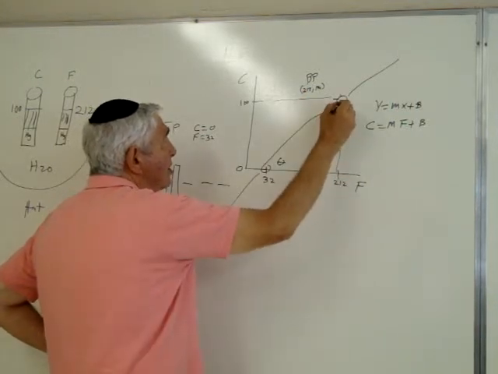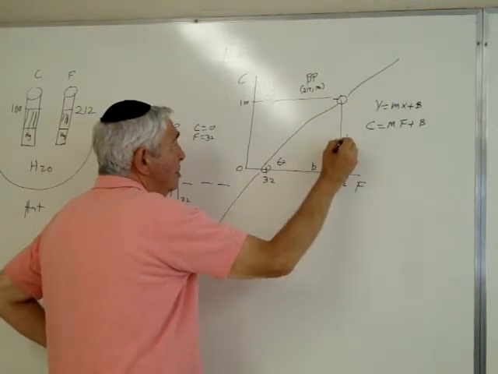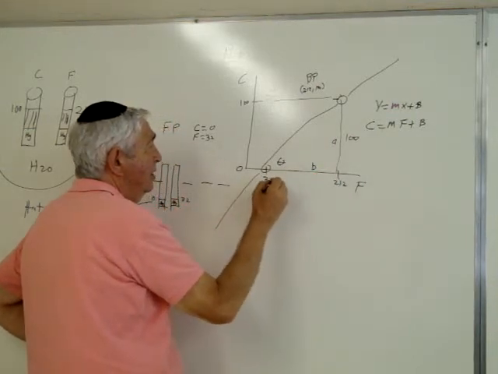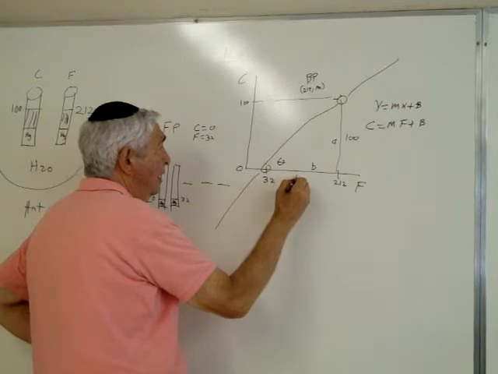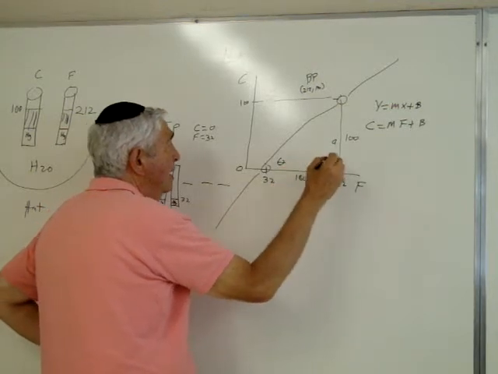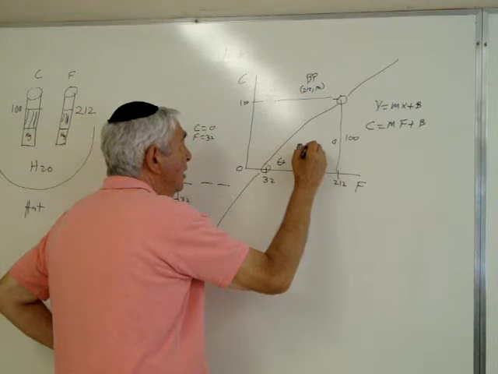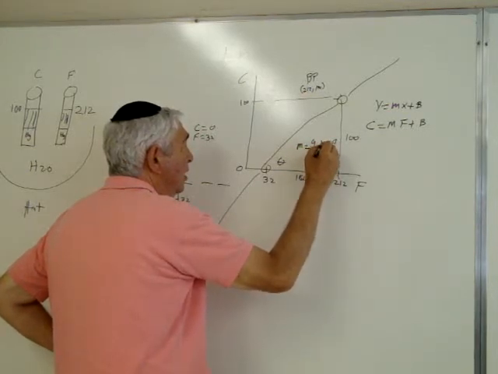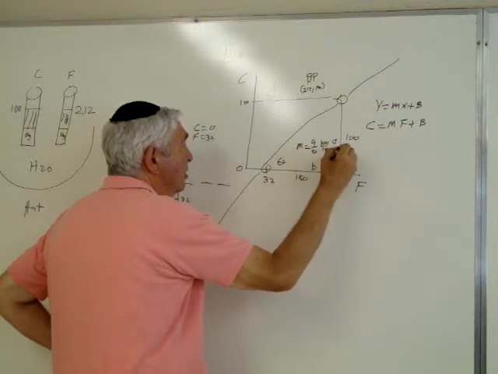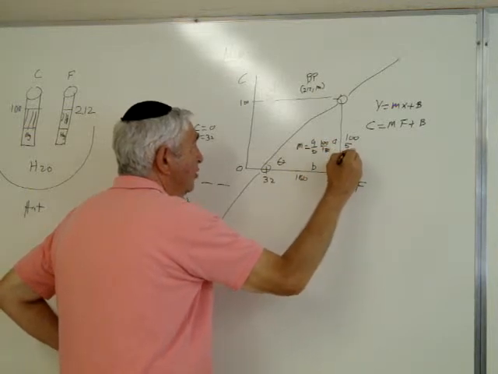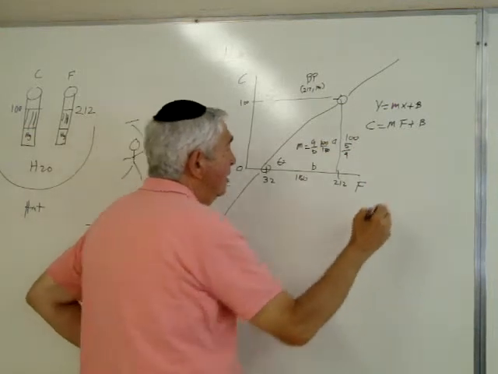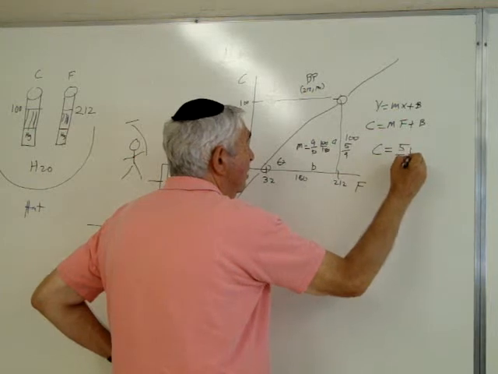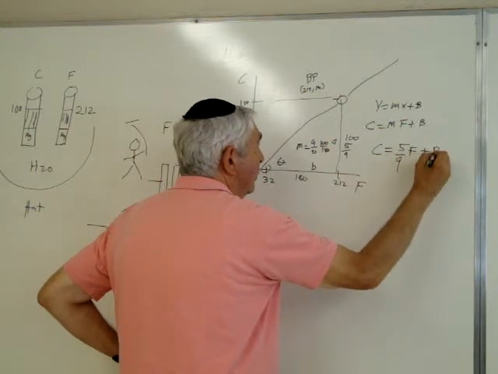If this is 100 and this is 0, this is 100. And if this is 212 and this is 32, this is 180. So the slope is a over b, so the slope is 100 over 180. So the slope is 5 over 9. Alright, so the Celsius temperature is equal to 5 over 9 F plus b.